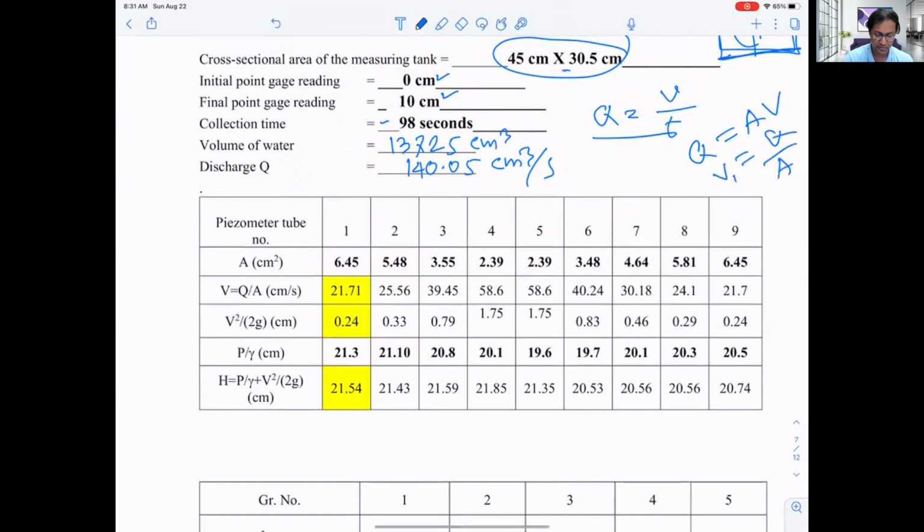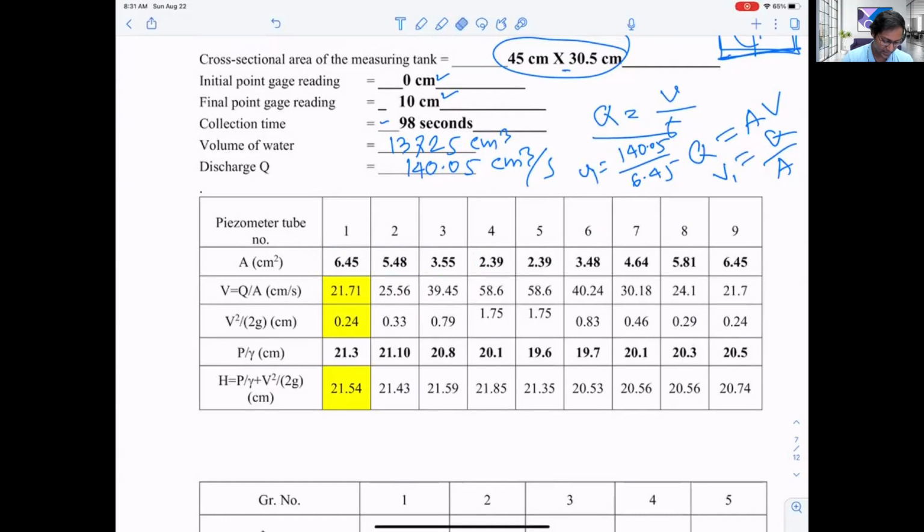So V1, V2, V3 up to V9. So you know the Q, 140.05. So V1 will be 140.05 divided by 6.45. It is giving us 21.71. And for section 2, if you just divide the same thing, you have to repeat all these calculations, okay? So we can do that.